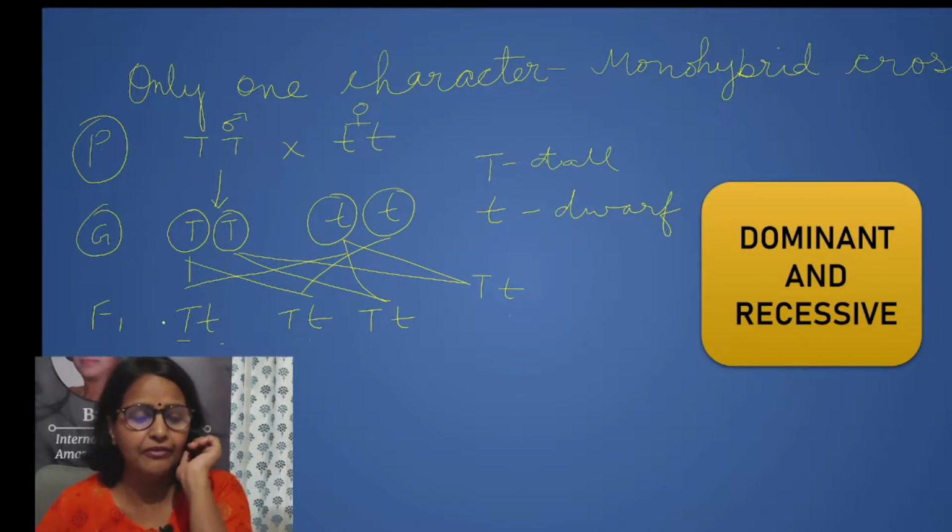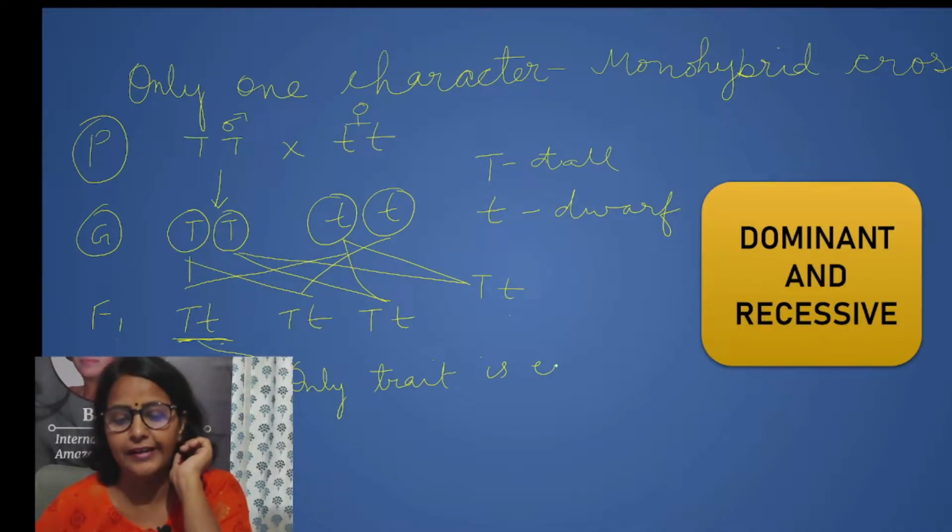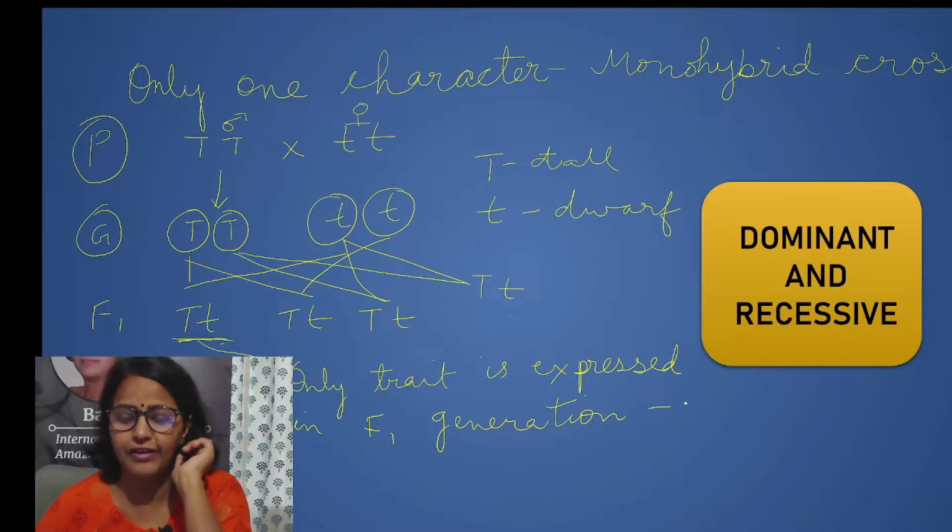But what will happen if we have a heterozygous gene like this? If we have a heterozygous gene like this, only one trait is expressed in the F1 generation. In the first filial generation we have only one trait, and the trait which is expressed is known as dominant.